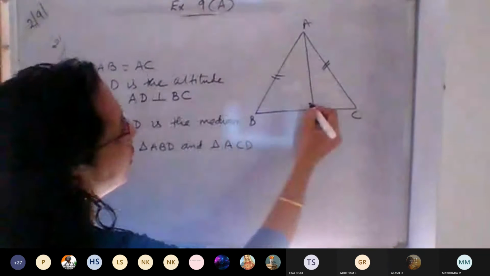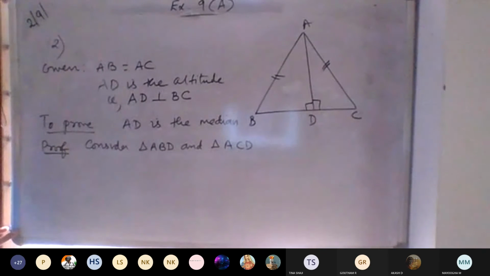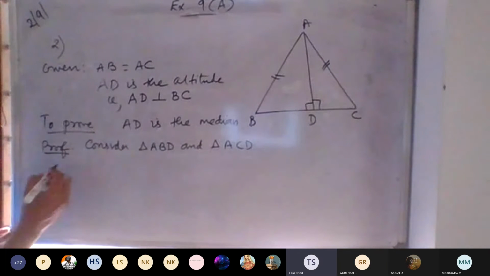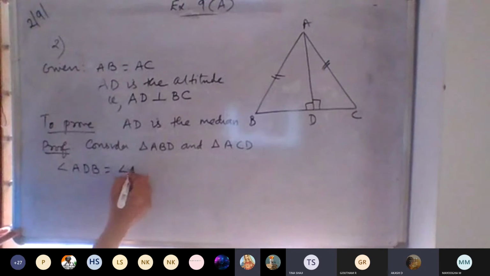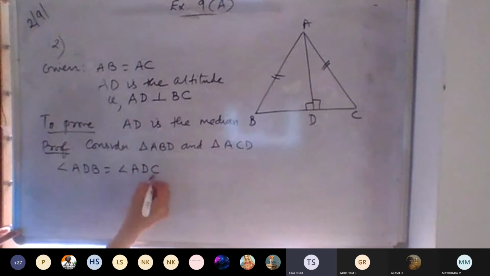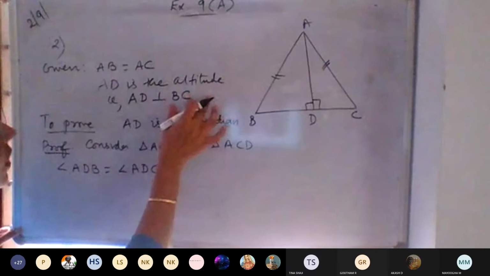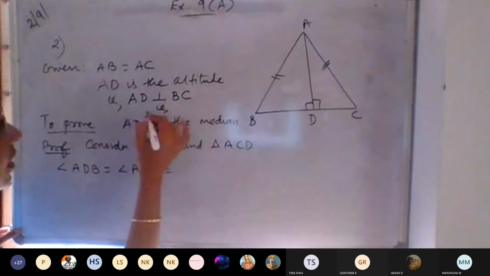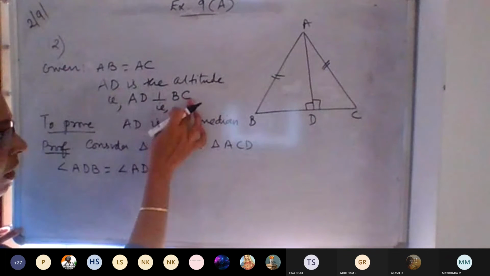Median, altitude. So that means these two angles are 90 degrees. Angle ADB is equal to angle ADC, 90 degrees. In the given also you can write that AD is the altitude, that means AD is perpendicular to BC.